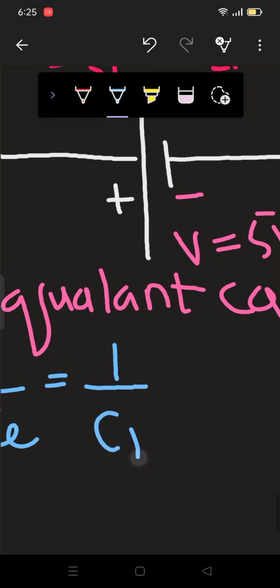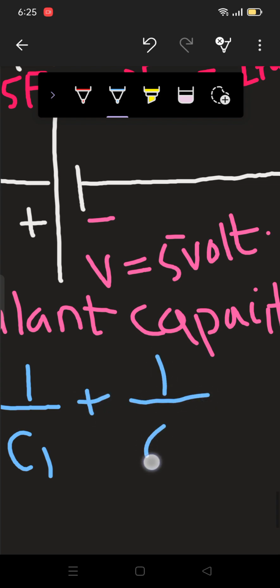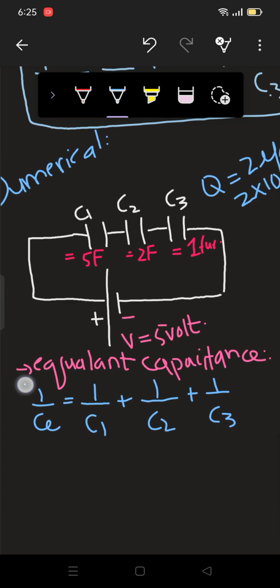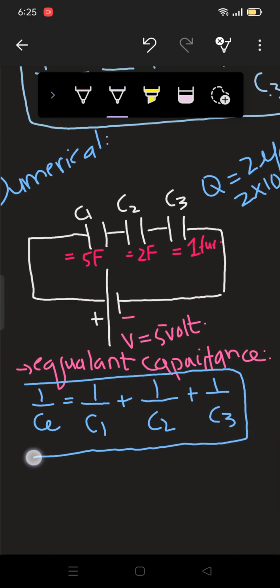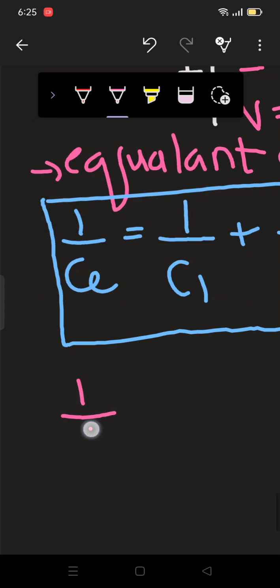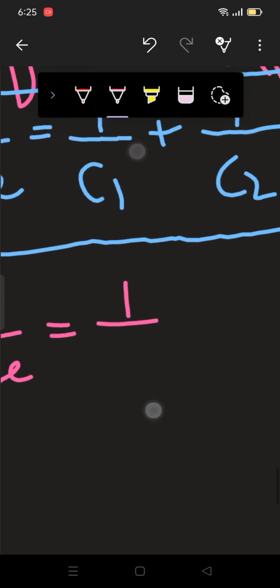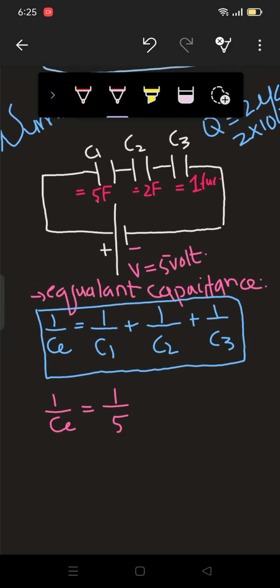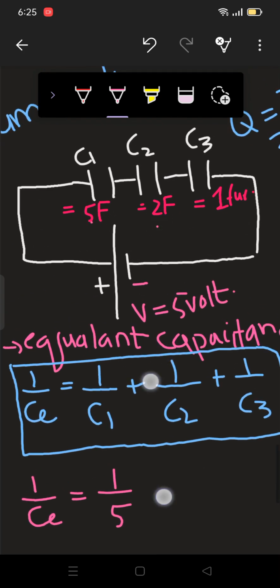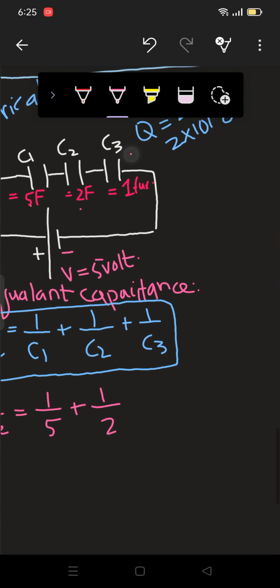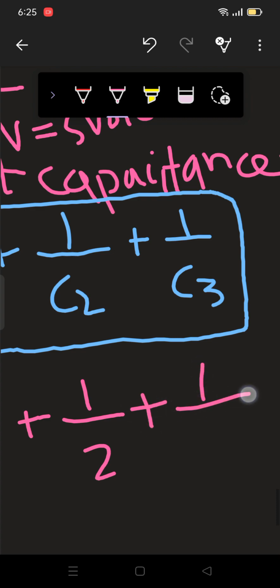We have three capacitors, so 1 upon C1 plus 1 upon C2 plus 1 upon C3. We are finding CE here, so 1 upon CE is equal to 1 upon 5, since C1 is 5. Farad is the unit of capacitance, which we have already discussed. Then 1 upon 2 for C2, and 1 upon 1 for C3.